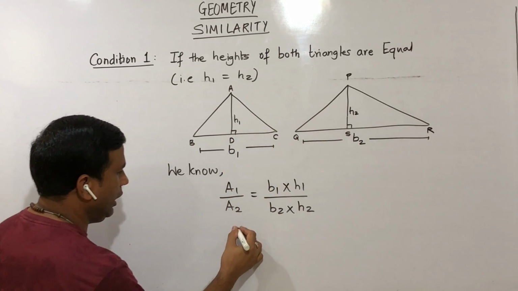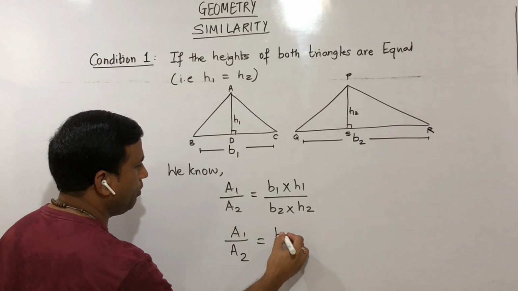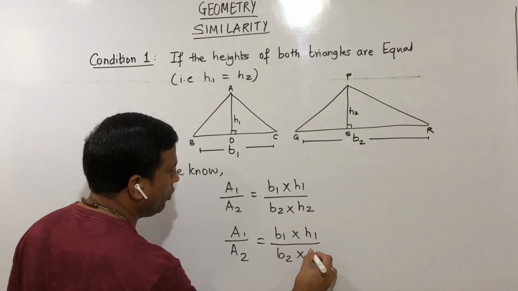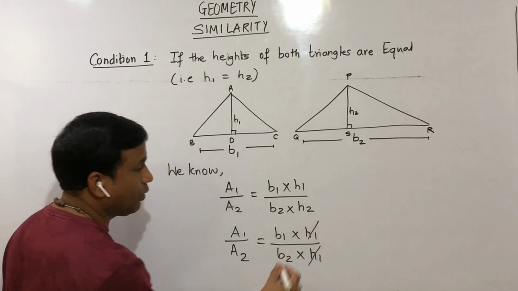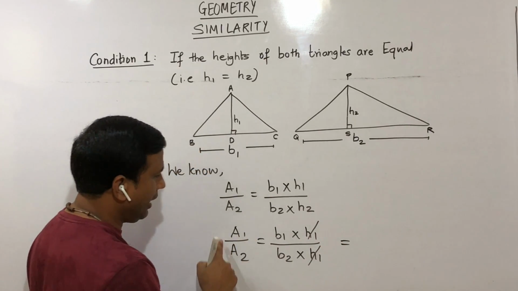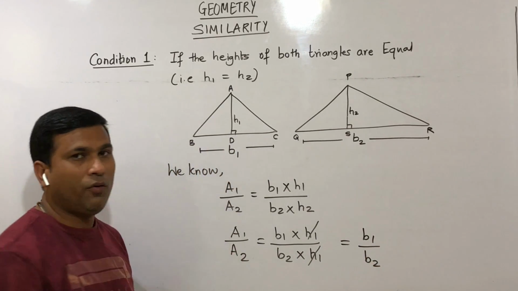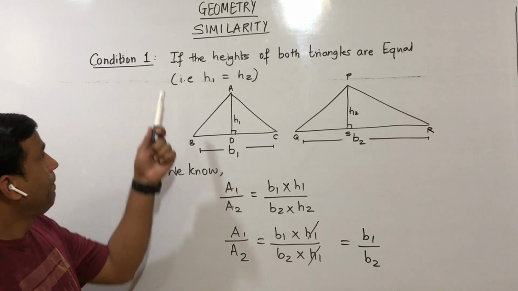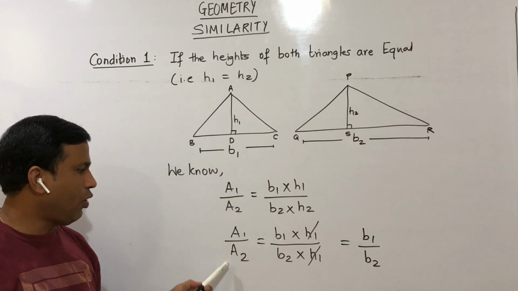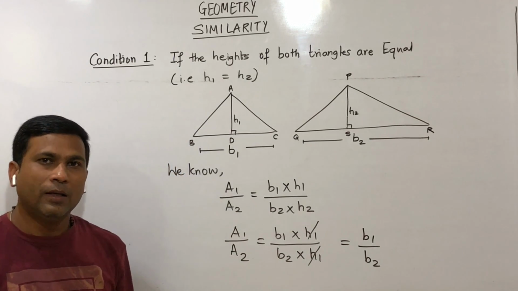Since their heights are equal, it can be written as A1 upon A2 is equal to B1 into H1 upon B2 into H1, where H1 gets cancelled. So you get the ratio of their areas as the ratio of their bases. So always remember, when the heights are equal, the ratio of the areas is equal to the ratio of their corresponding bases.